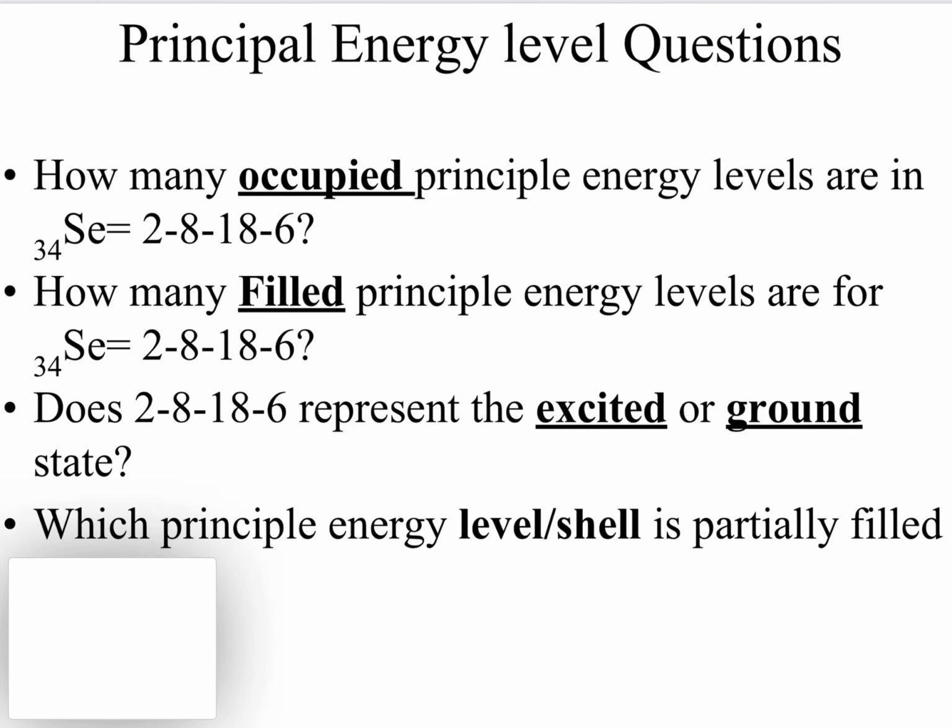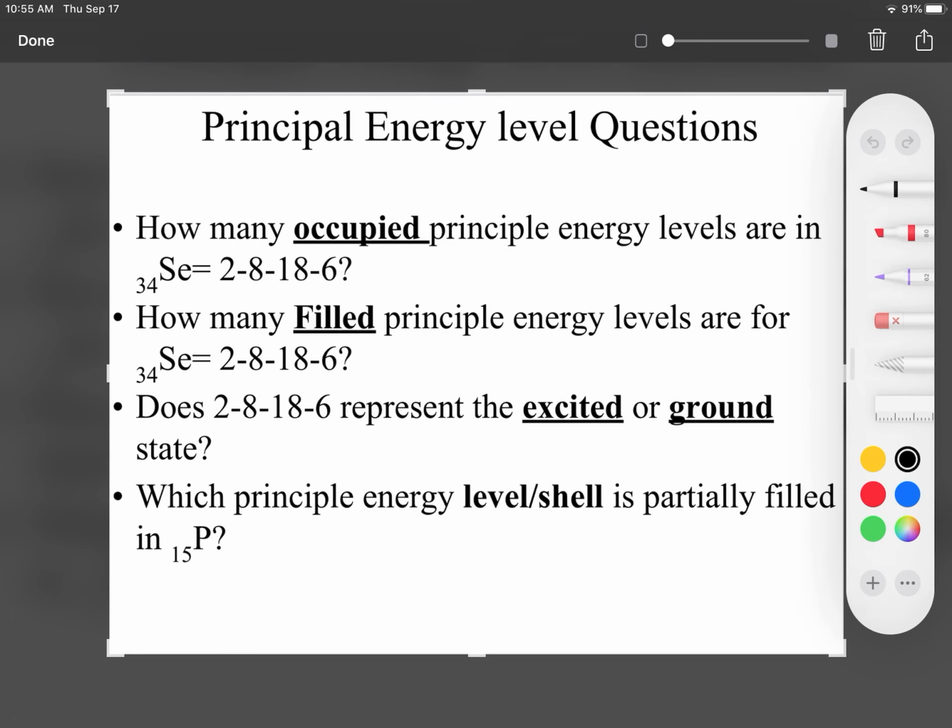Okay. So it says, how many occupied principal energy levels are in selenium? Well, guys, if you look over here, selenium, I gave you the ground state configuration here. How many are occupied? Well, let's see. There's 2 in the first. There's 8 in the second. There's 18 in the third shell or level.